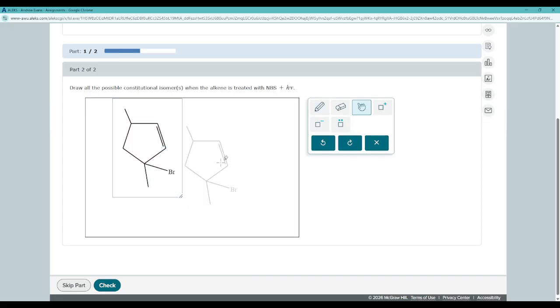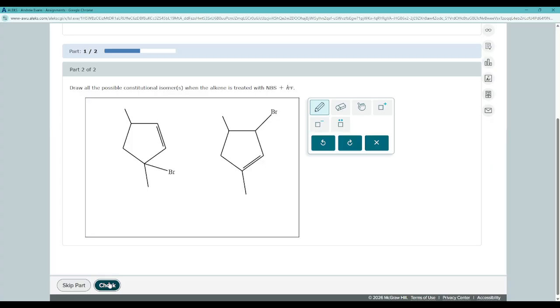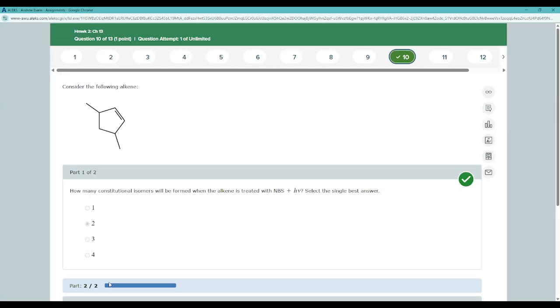However, because of conjugation, when I make a radical, I can conjugate to here, and suddenly this is the allylic position. And so, not only do you have to count unique allylic positions, but any unique allylic positions that could be formed through conjugation.